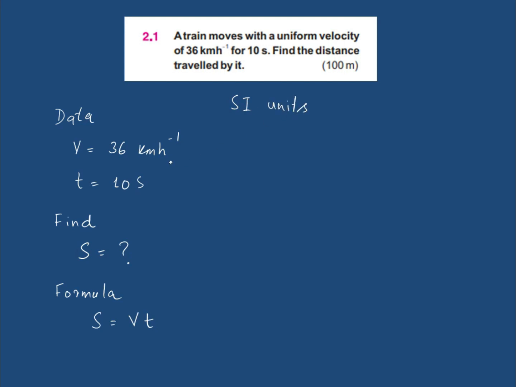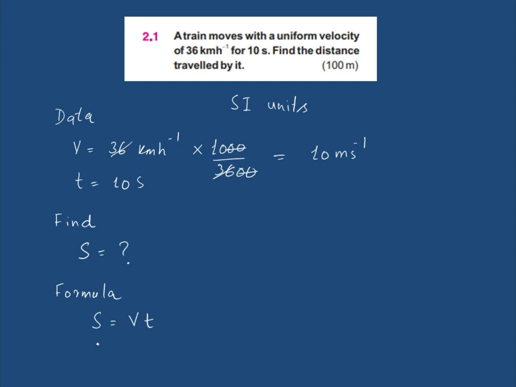So to convert the units of kilometers per hour to meters per second, we have to multiply this value by 1000 and divide it by 3600. This will convert the value to 10 meters per second. This is the unit of velocity in SI units.